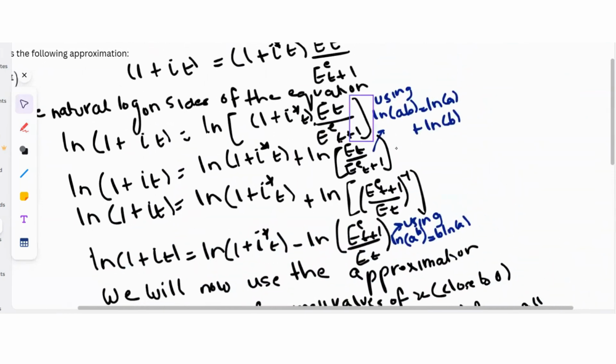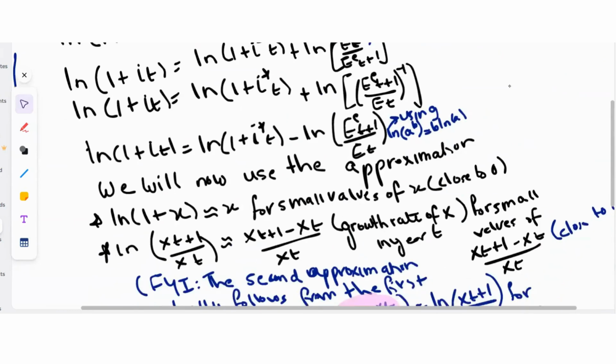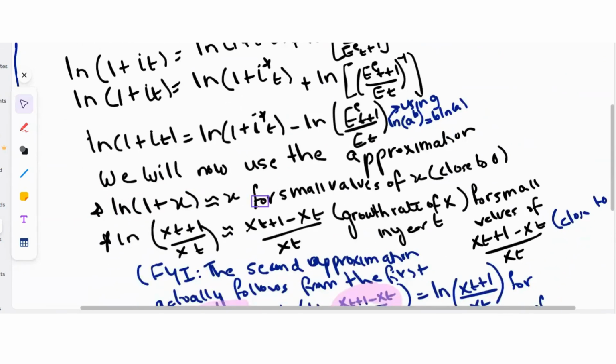The whole idea is you just take natural log on both sides, do a bit of manipulation, and then apply the approximation that ln(1 + x) is approximately x for small values of x, which allows us to write ln(1 + i_t) as approximately i_t, and ln(1 + i*_t) as approximately i*_t. And then we use the fact that ln(x_{t+1}/x_t) is approximately the growth rate of x for small values of the growth rate. So this allows us to write this as (E_{t+1} - E_t)/E_t.